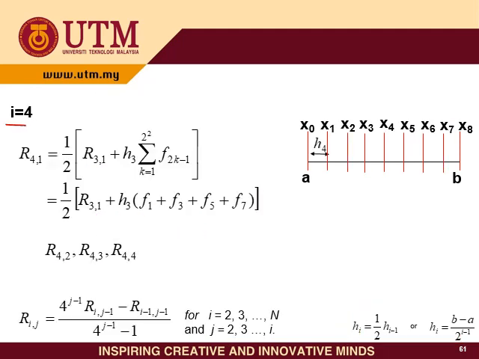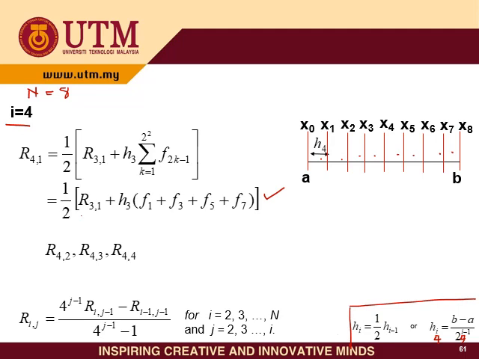I equals 4, n is 8. So 1, 2, 3, 4, 5, 6, 7, 8. 8 n's. Okay, and to find h4 again, put into here h4, so 2 to the power of 3, and then you divide it by b minus a, so you will get your h. Alright, so this is the calculation for I4.